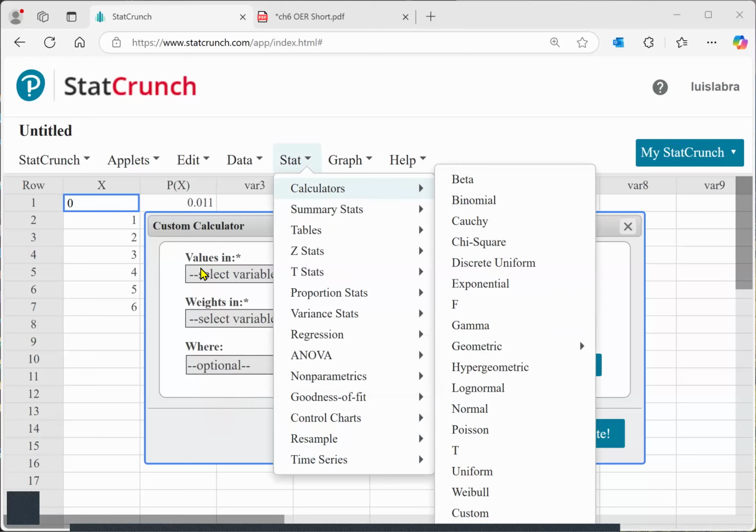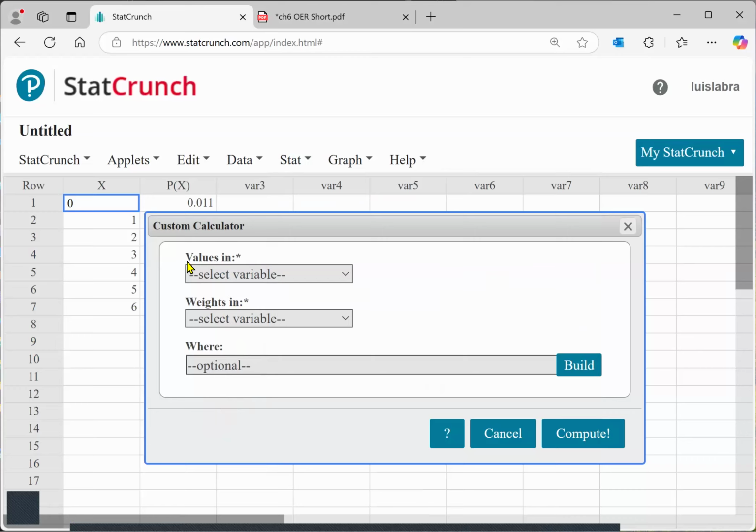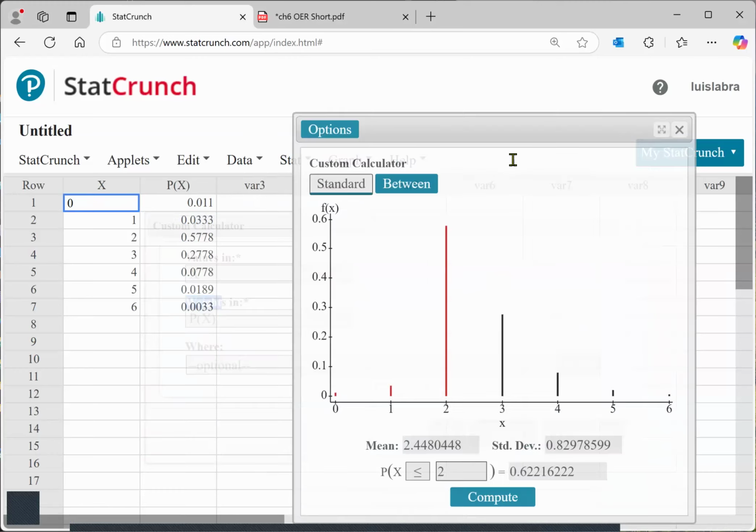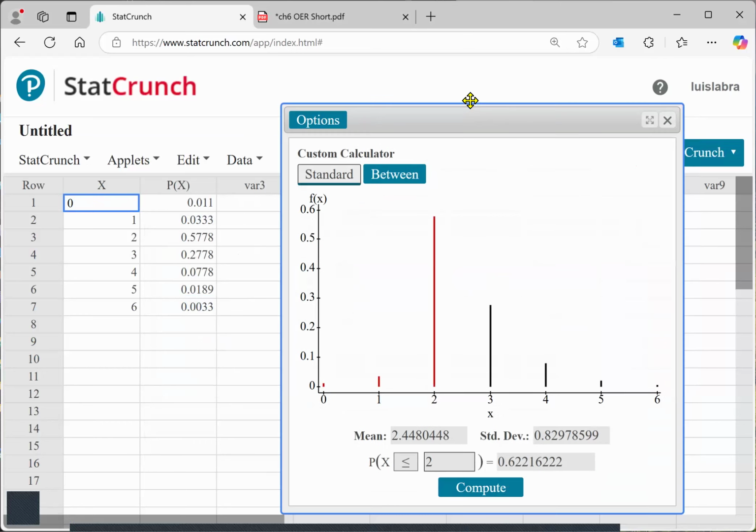Once you do that, you'll get this dialog box. And all you got to do is tell it, what are the values of your random variable? It's easy for us because we called it X. So let's select that. And then it says, where are the weights? And these are basically the probabilities. So then you press P of X, press compute, and you are done.